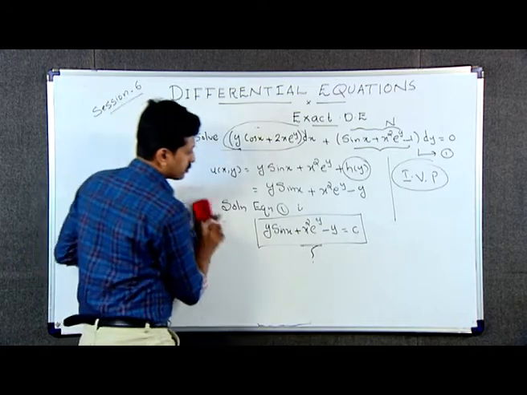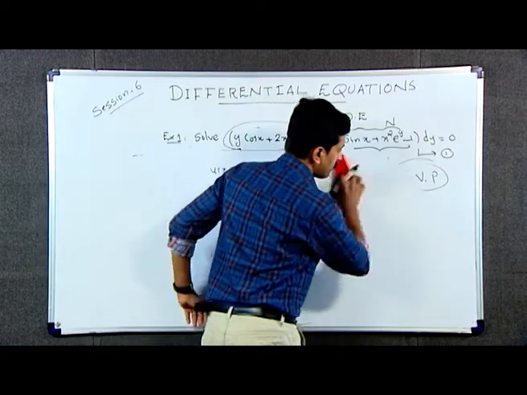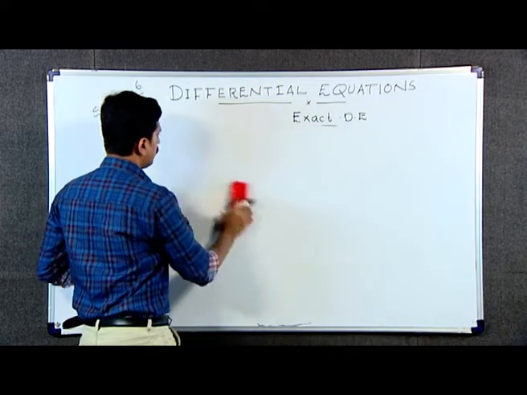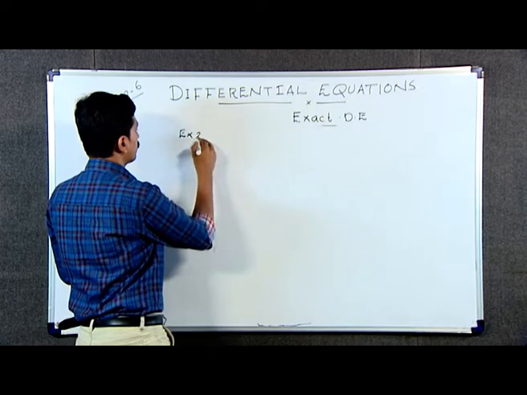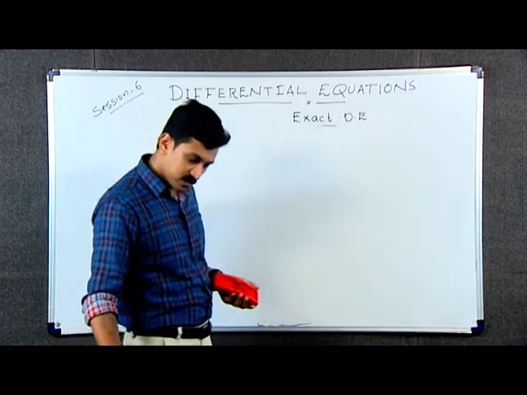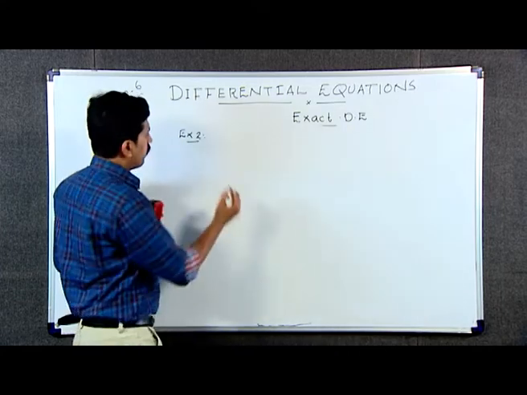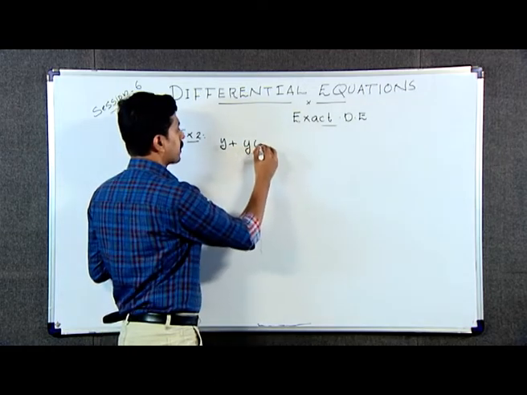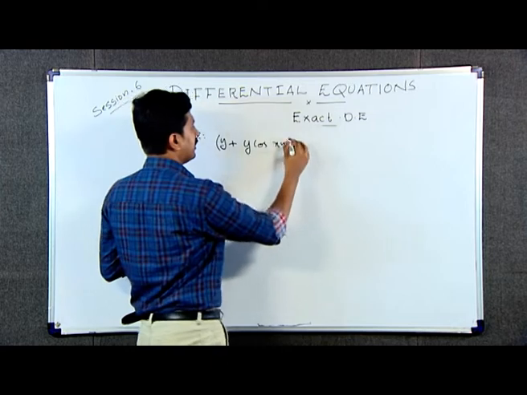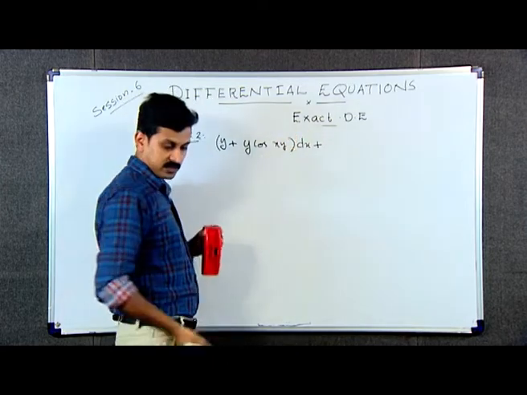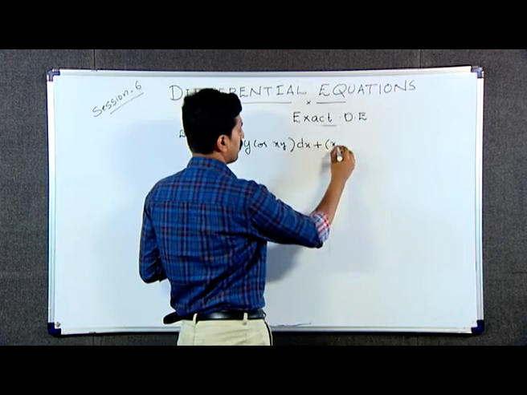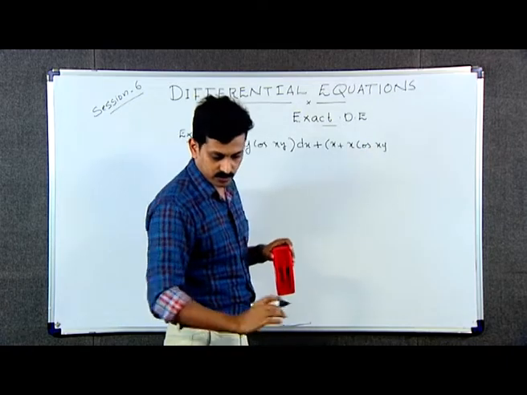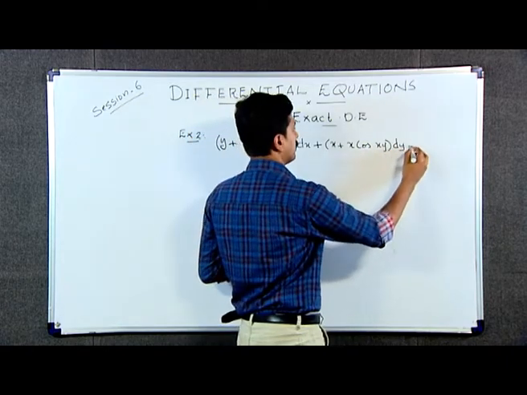Now, I am moving to one more example. Example 2: y plus y cos of xy dx plus x cos of xy dy is equal to 0.